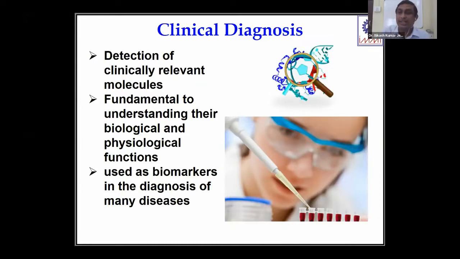They will prescribe that you go for a test of your blood, urea, and so on. So detection of clinically relevant molecules is essential when you feel sickness or disease, to understand what happened to our body. There is a fundamental understanding of the biological and physical function of these clinically relevant molecules. Suppose there is a change in the glucose concentration in our body, that is called diabetes.